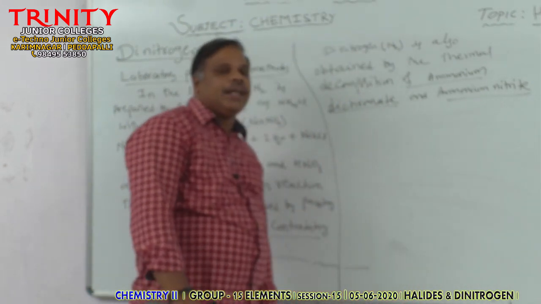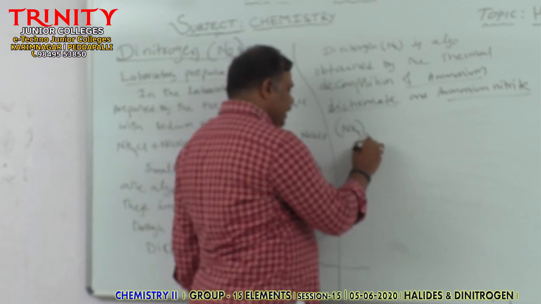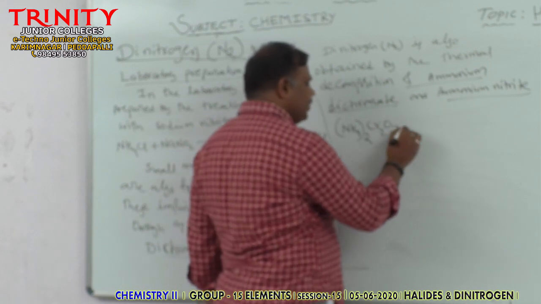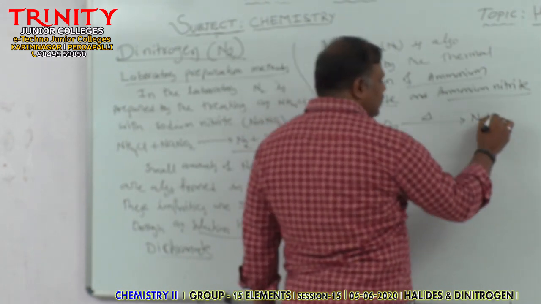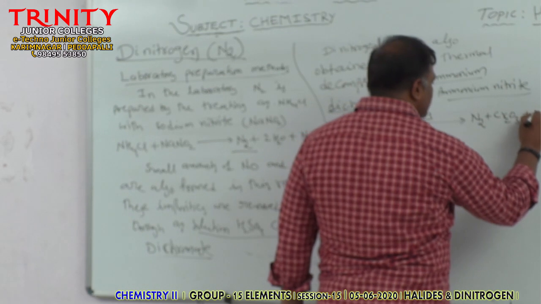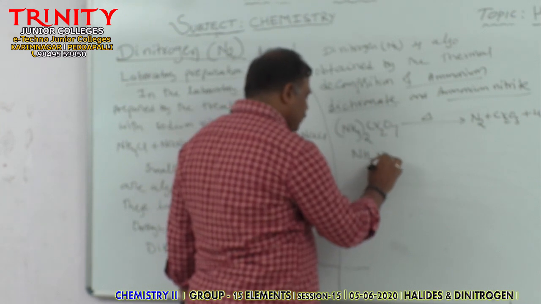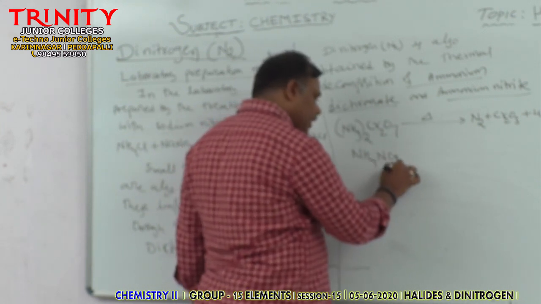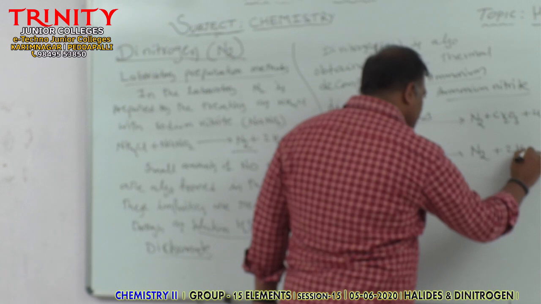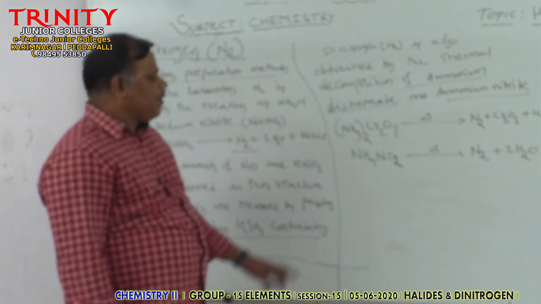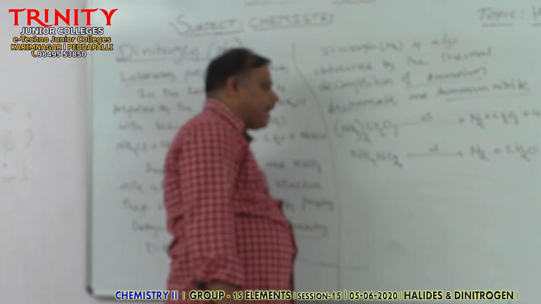What is the ammonium dichromate formula? (NH4)2Cr2O7 on strong heating gives rise to N2 plus Cr2O3 plus 4H2O. Ammonium nitrite, NH4NO2, gives rise to N2 plus 2H2O. Ammonium dichromate or ammonium nitrite on thermal decomposition gives N2.